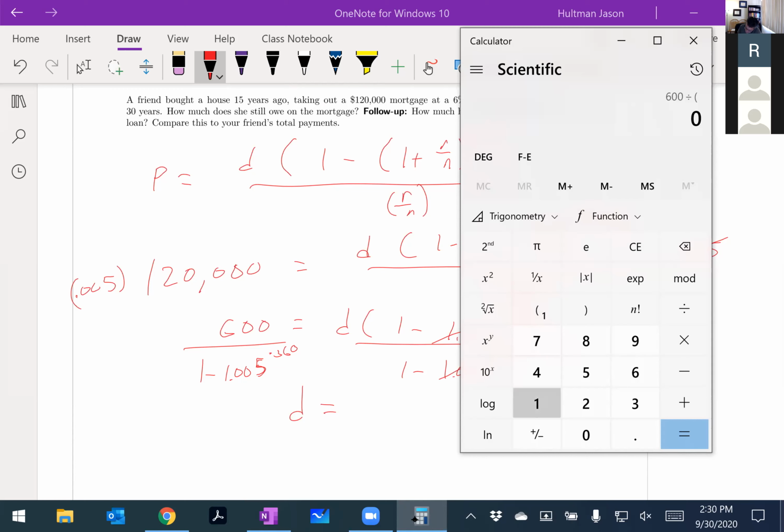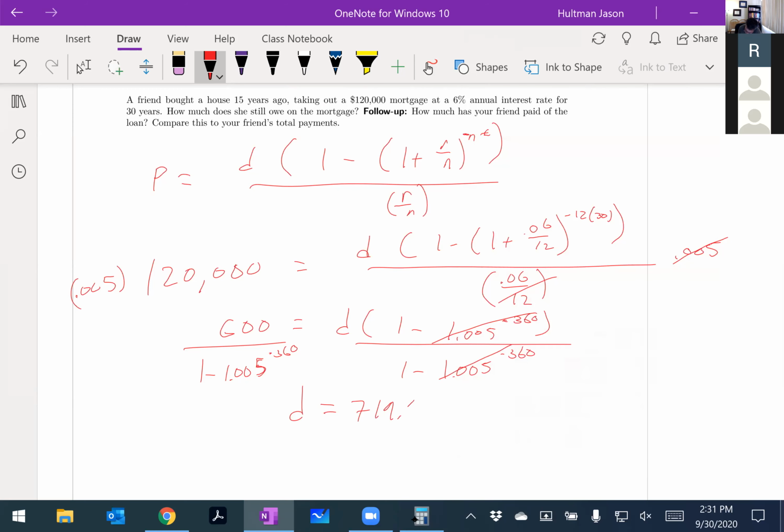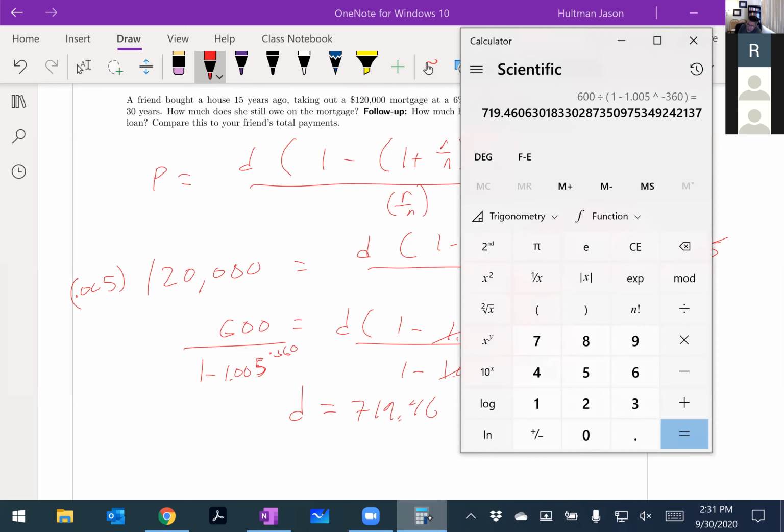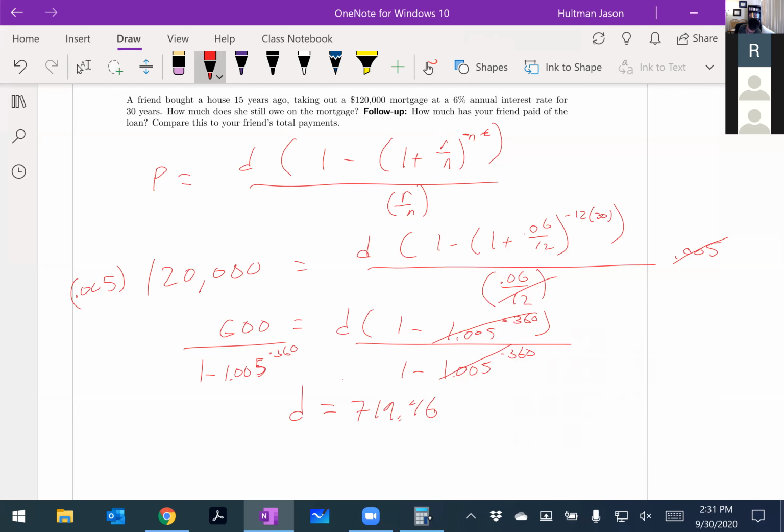Parentheses 1 minus 1.005 raised to the negative 360th power, close parentheses, equals $719.46. That's the payment amount over a 30-year period.